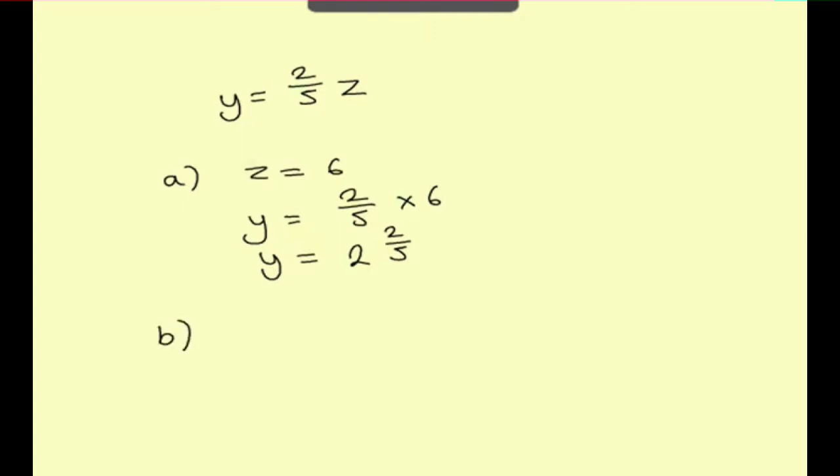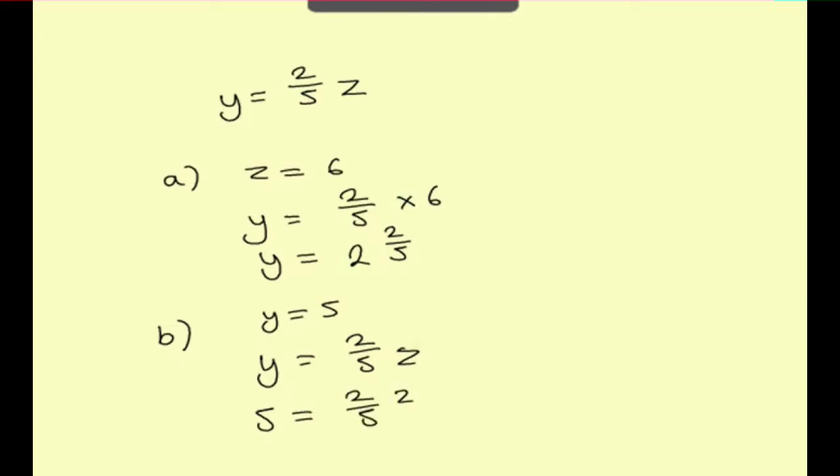Part B, we've got the value of y is equal to 5, and we need to find the value of z. So using our formula, y is equal to 2/5 z, so we substitute the value of 5 in there, so 5 is equal to 2/5 of z.